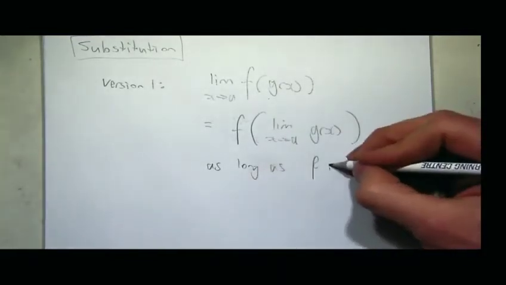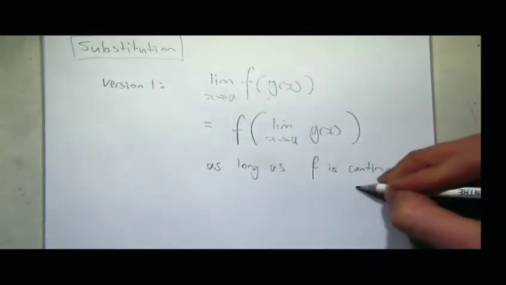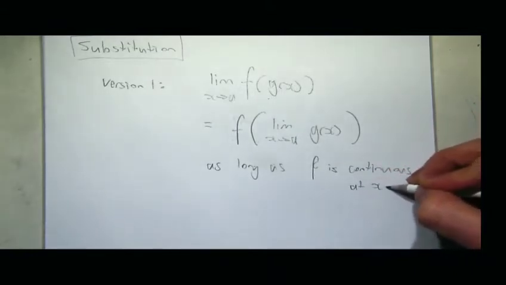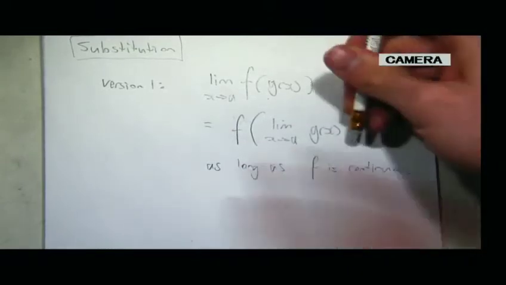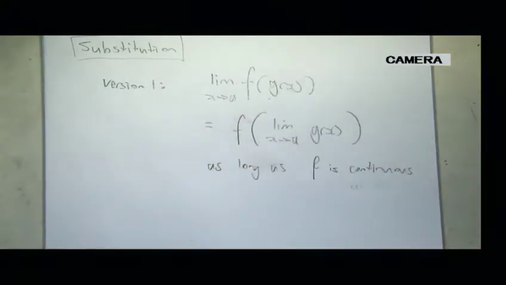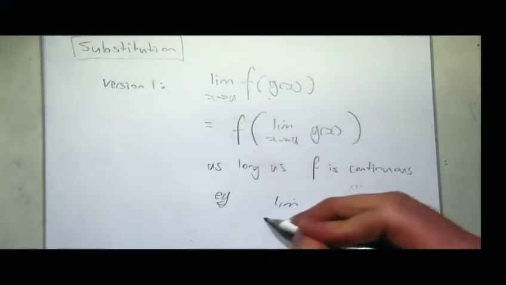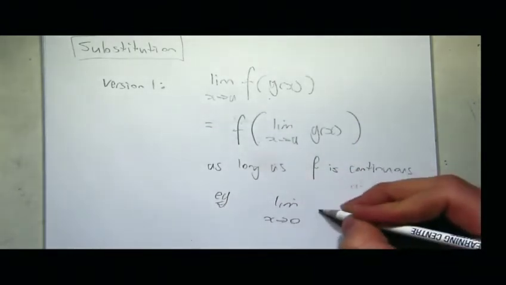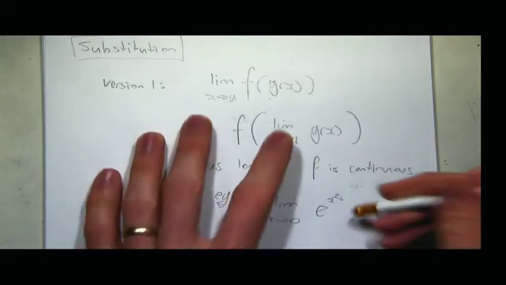Okay? But basically, as long as f is continuous at the relevant point, it'll be fine. So if you go like, as an example, the limit as x goes to 0 of e to the x squared, no, that's not useful.